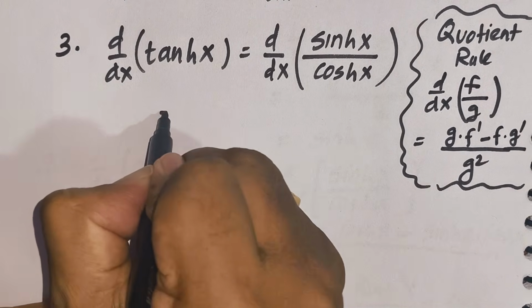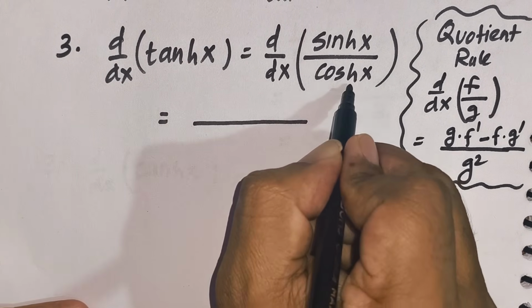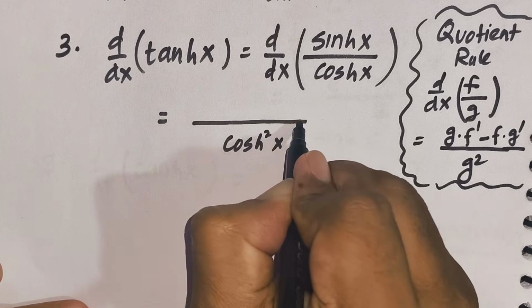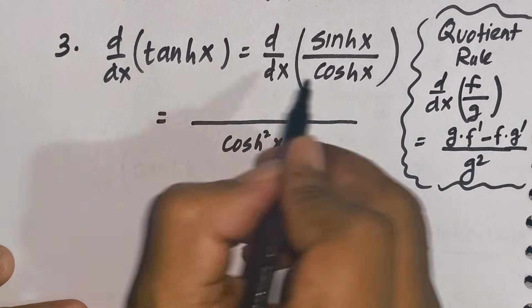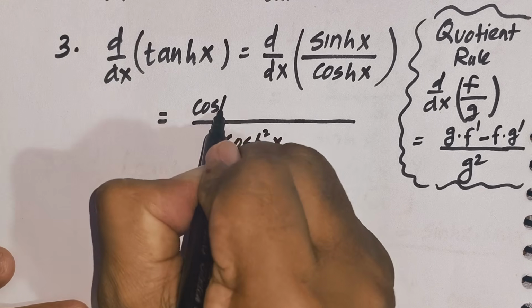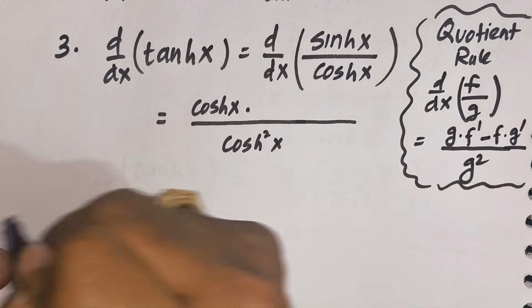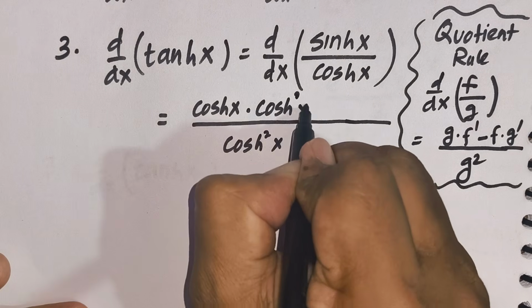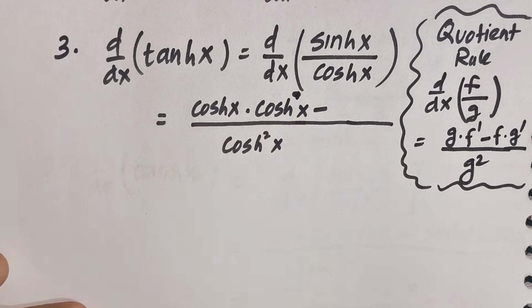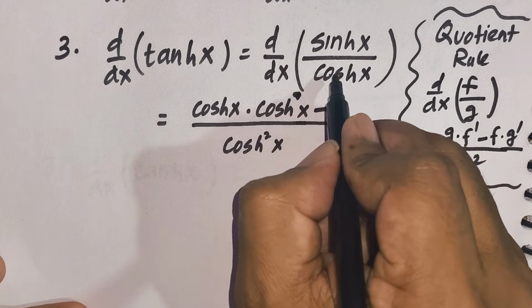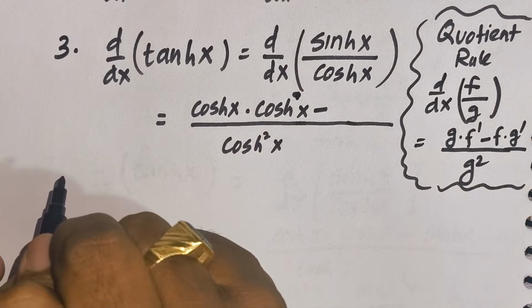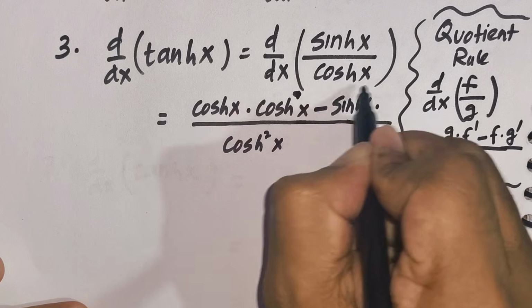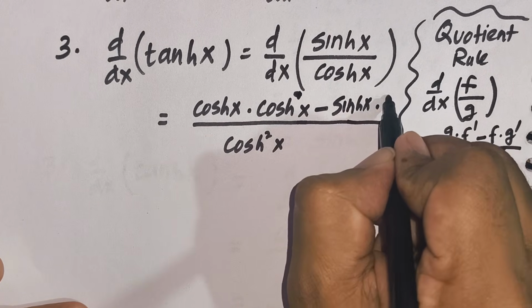So here we have g, this is f, g square, hyperbolic cosine square. In the numerator we have this one, cosine hyperbolic, times the derivative of hyperbolic sine, which we have seen is hyperbolic cosine, minus the hyperbolic sine times the derivative of hyperbolic cosine, which is sine hyperbolic.